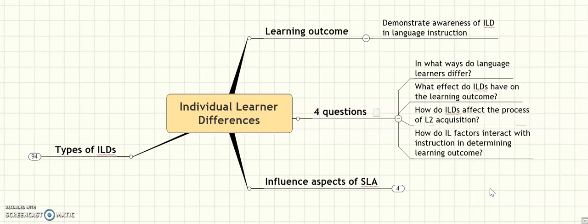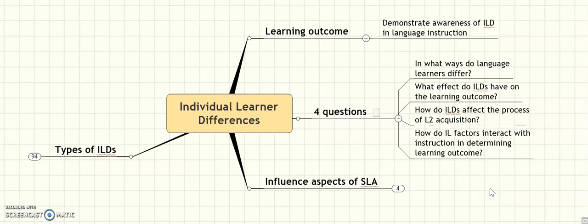Our TOEFL scores when we started studying at this university differed considerably, and probably our language proficiency now also differs. This shows that ILD have some effect on the learning outcome.